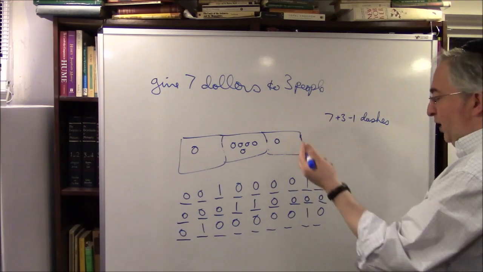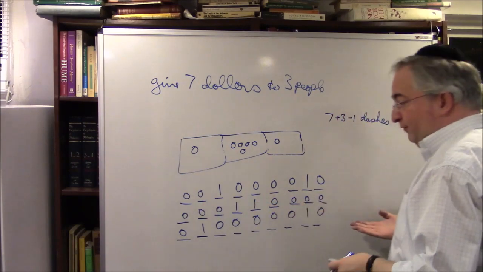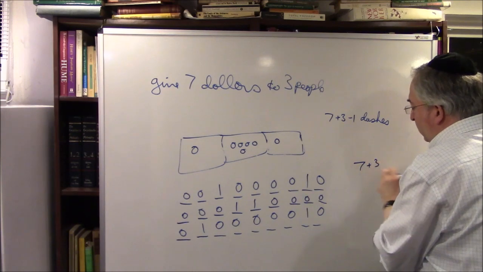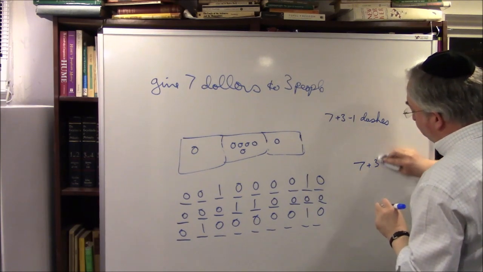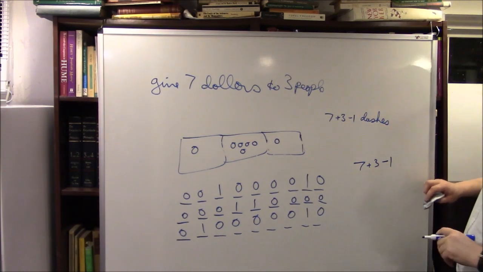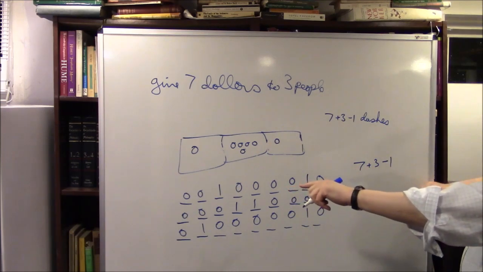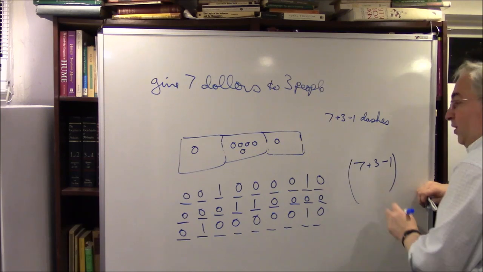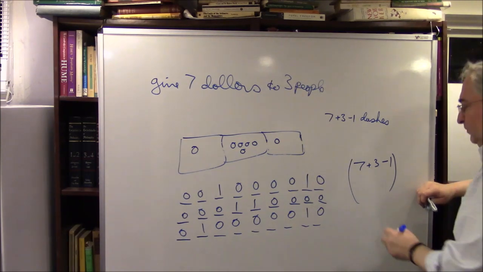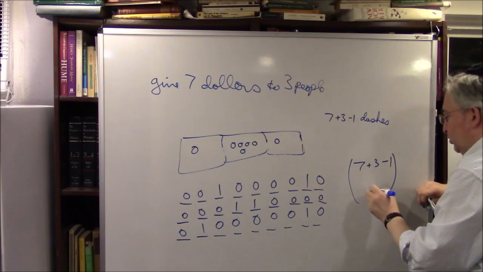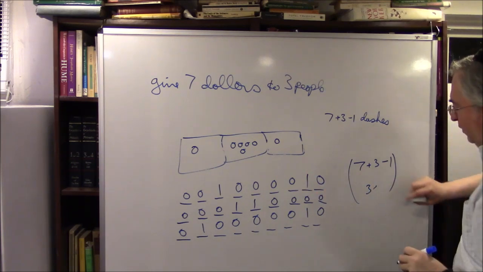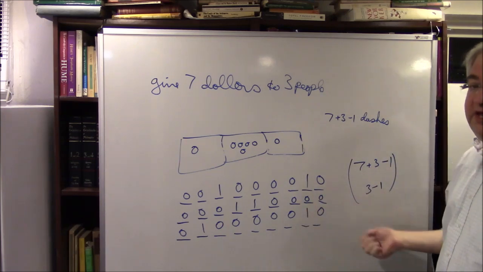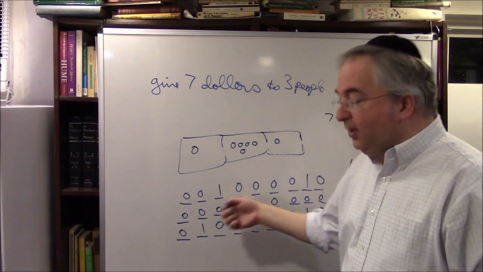Okay, great. So, question. How many ways are there of doing this? Answer: I have 7 plus 3 minus 1 dashes, and I want to choose from them. I'm going to choose 3 minus 1 of those dashes and put ones in. All the rest, I'm going to put zeros in.